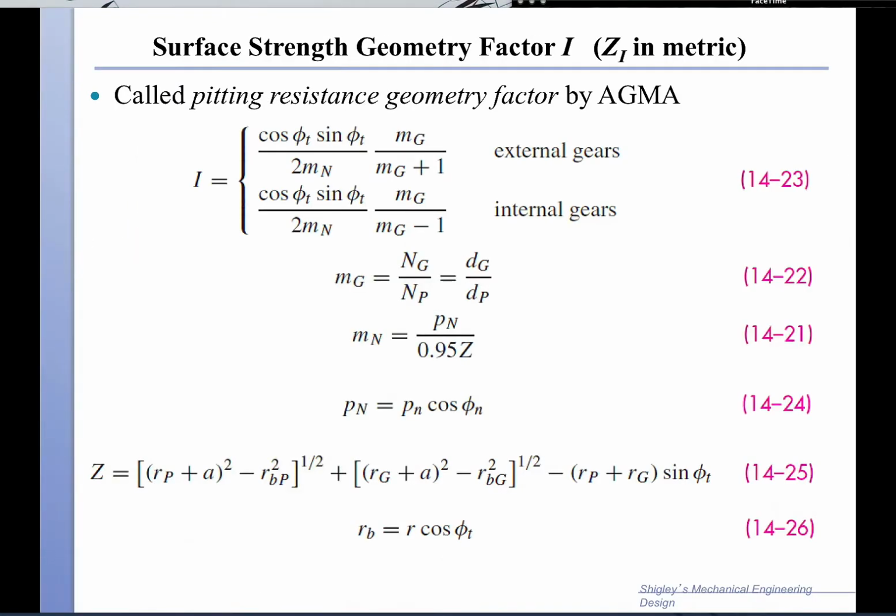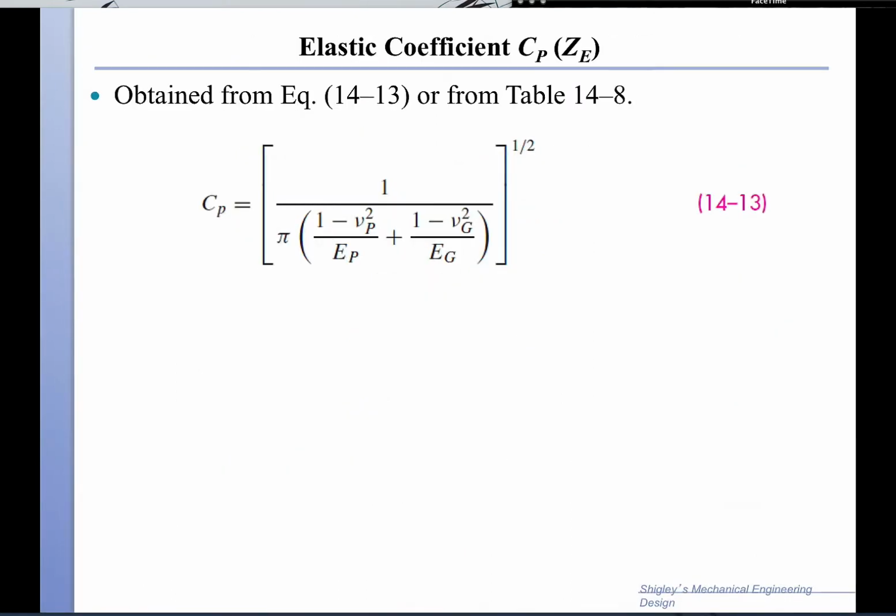Now the next one is the pitting resistant geometry factor for contact, which is similar to the J, and this is given analytically, depends on the pressure angle and the gear ratio, and that can be computed analytically from here. The elastic coefficient factor is obtained essentially from the Hertzian contact problem that we looked at earlier in the first few lectures.